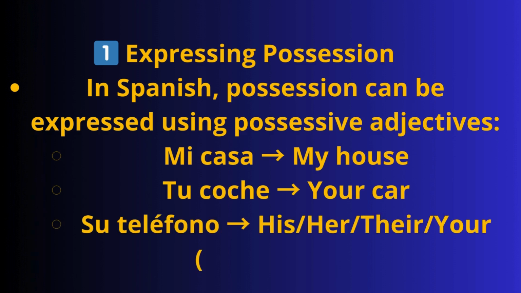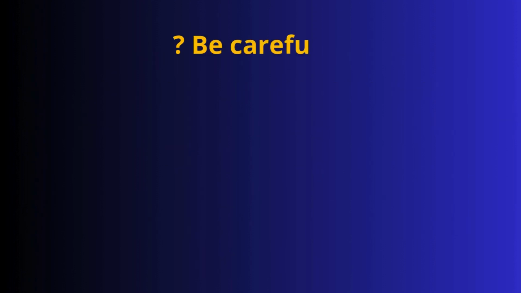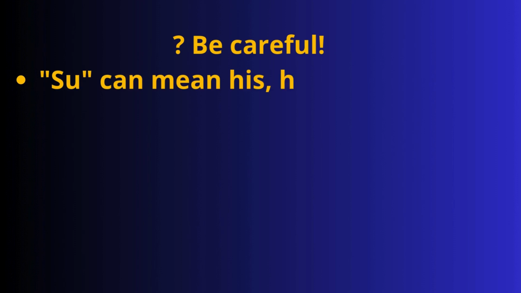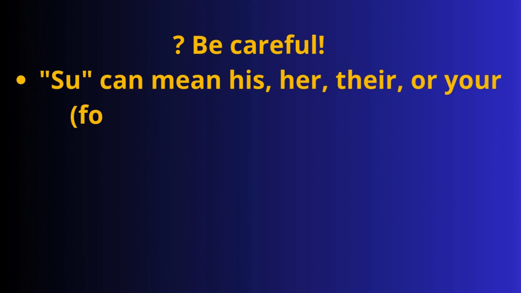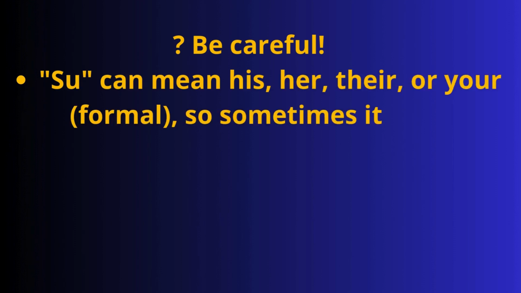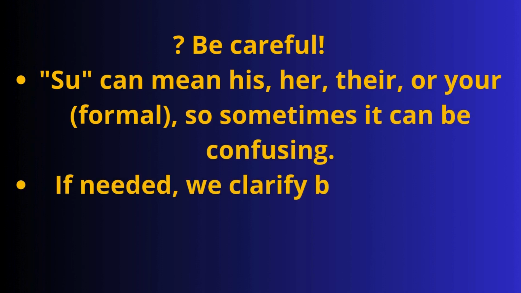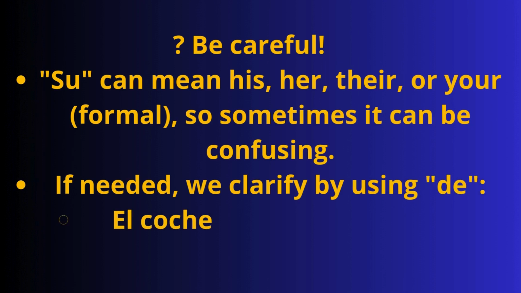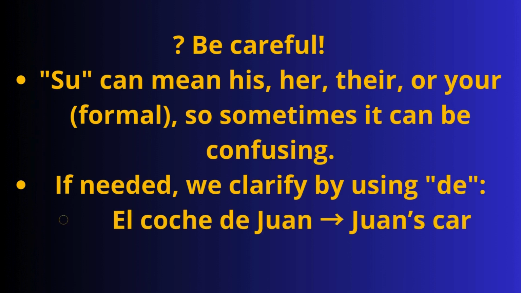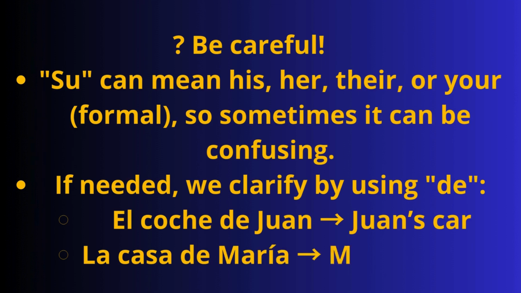Su teléfono, his, her, their, your phone. Be careful. Su can mean his, her, their, or your, so sometimes it can be confusing. If needed, we clarify by using de: el coche de Juan, Juan's car; la casa de María, Maria's house.